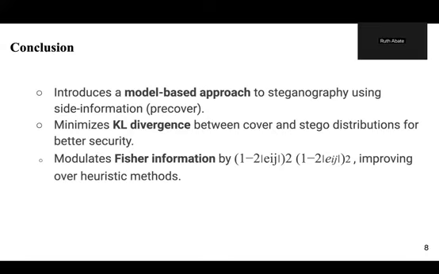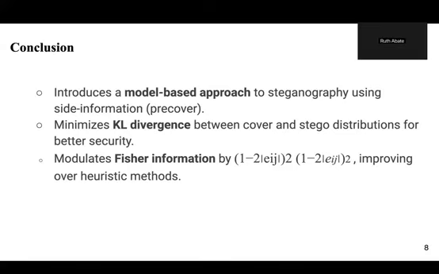To conclude, this research presents a significant shift in how we approach steganography by introducing a structured model-based method that improves security and reliability. Traditional heuristic techniques, while commonly used, are largely based on intuition rather than formal mathematical foundation.